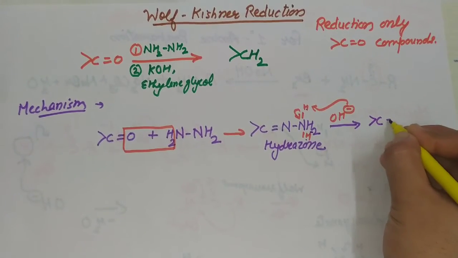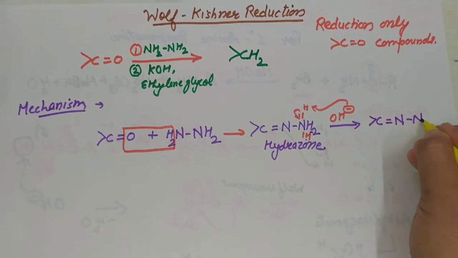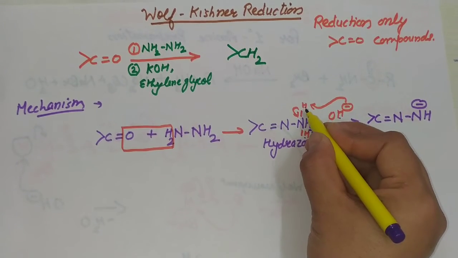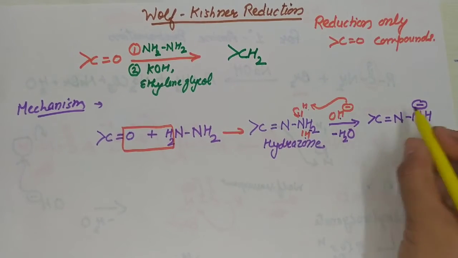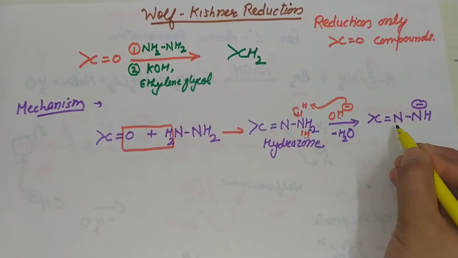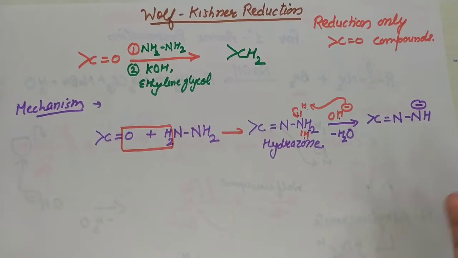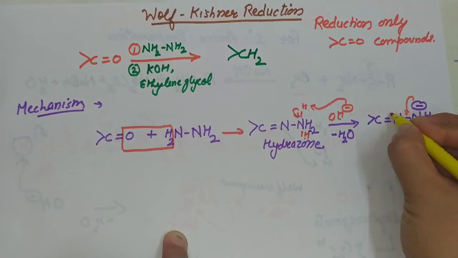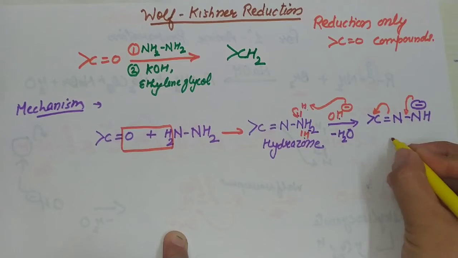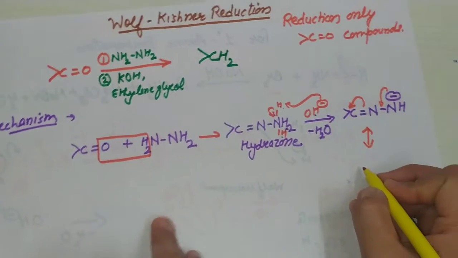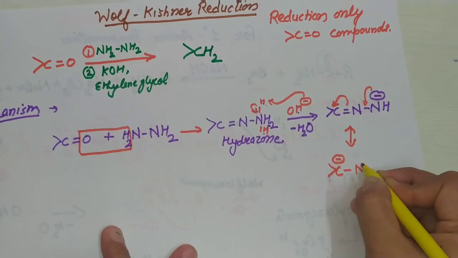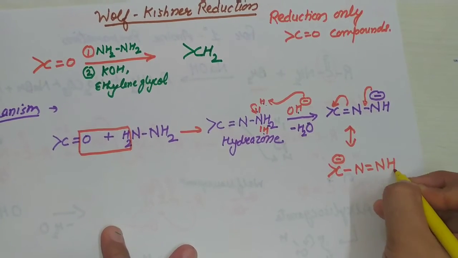The product is C double bond N-NH negative, because the base abstracts this hydrogen and these two electrons shift over there. Two electrons means one negative charge. After that, resonance takes place like this.